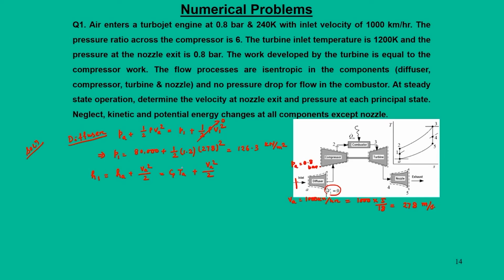VA is known, and temperature TA is given as 240 Kelvin. Take CP as 1.005 kilojoule per kg Kelvin, and VA is 278 meter per second. This will give you H1 as 279.8 kilojoule per kg. Then we have the compressor.